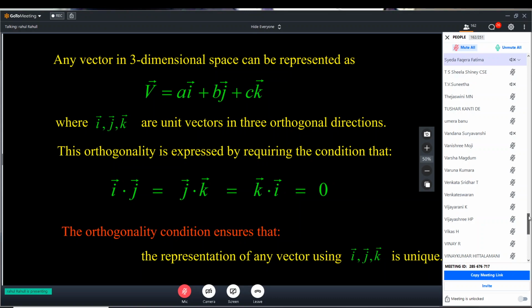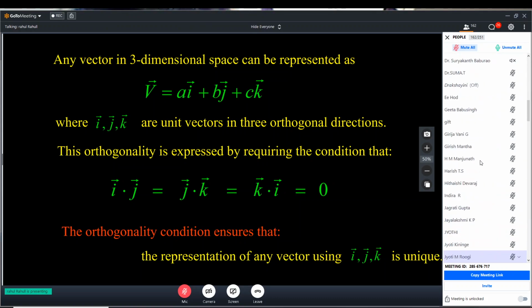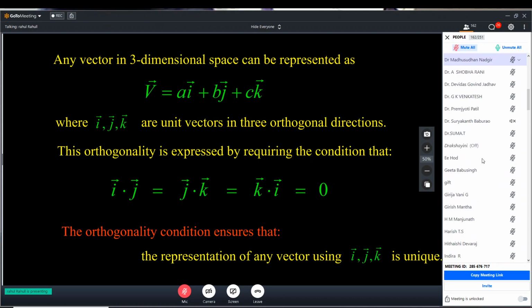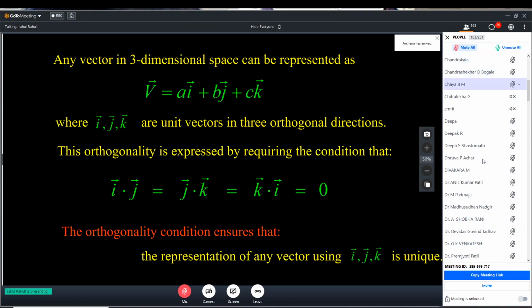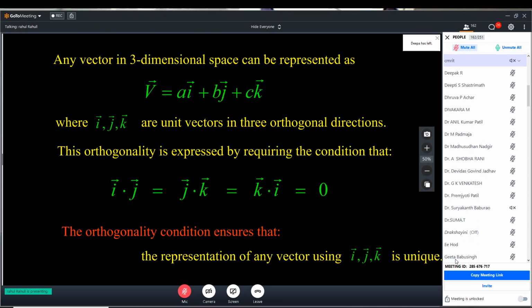This orthogonality can be confirmed by the dot product. That is, the dot product of i and j, the dot product of j and k, and the dot product of k and i should all be equal to 0. When this mutual dot product is 0, we say that these three vectors are orthogonal. So the orthogonality condition ensures that the representation of any vector using i, j, k is unique.